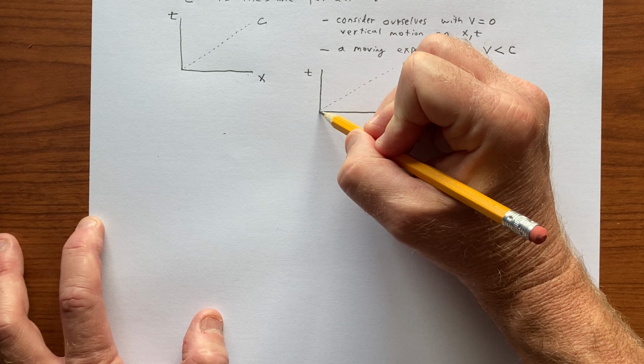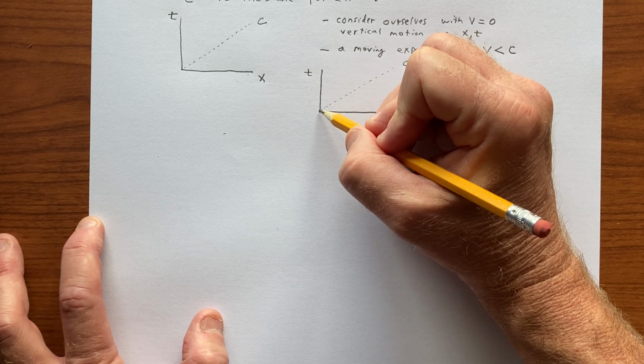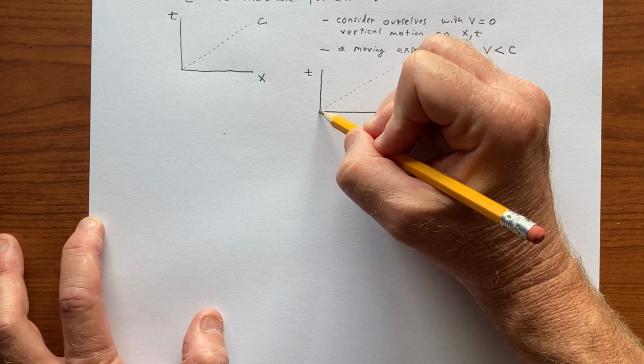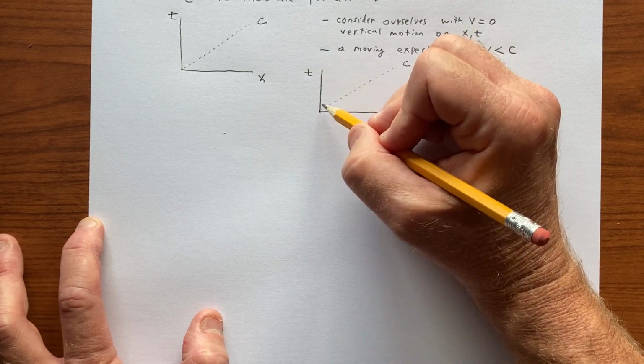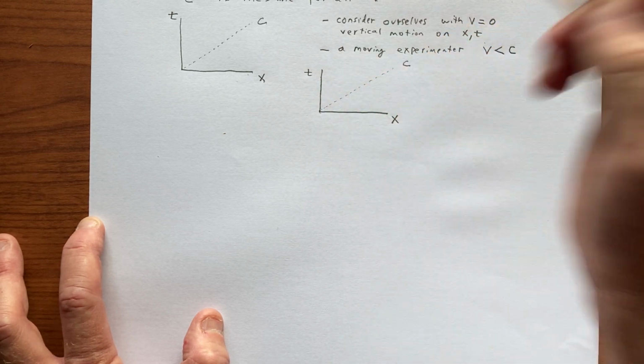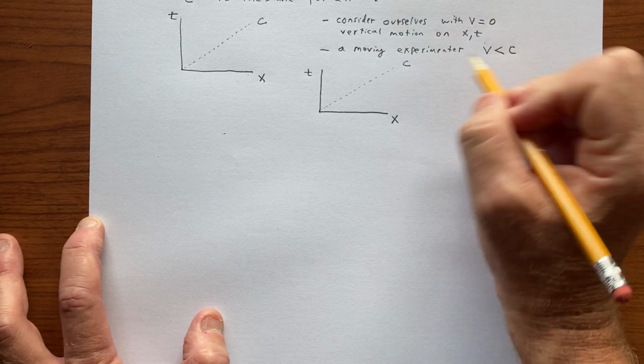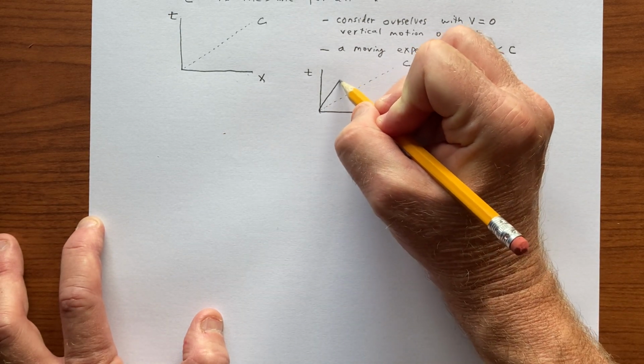Then this observer's motion is going to be a line that's tilted more toward the vertical, more toward the time, than toward the x-axis because of this condition. So this would be something like that.